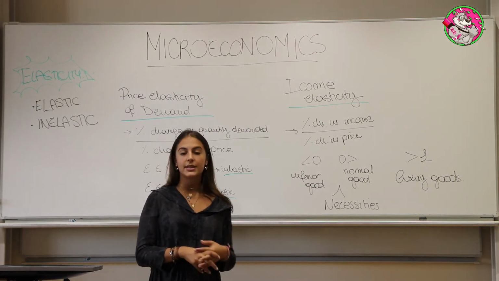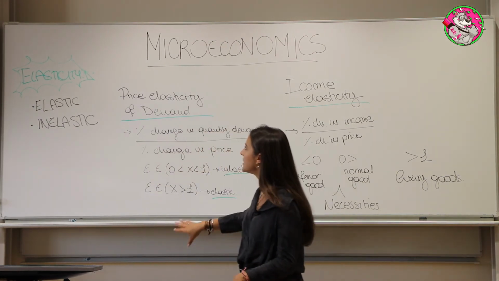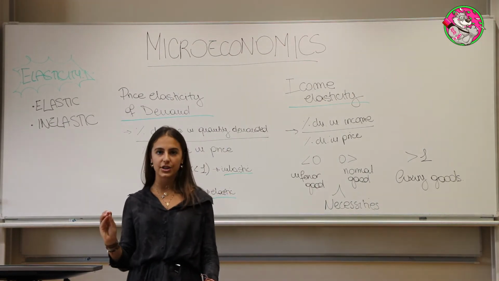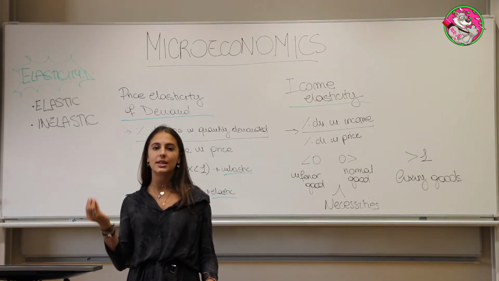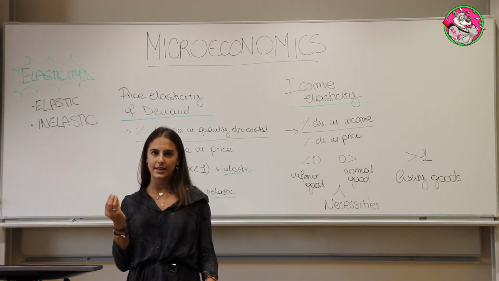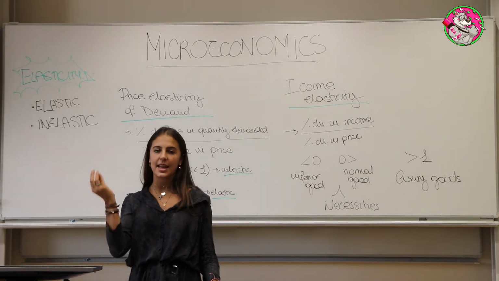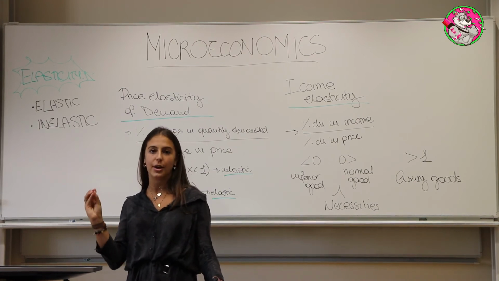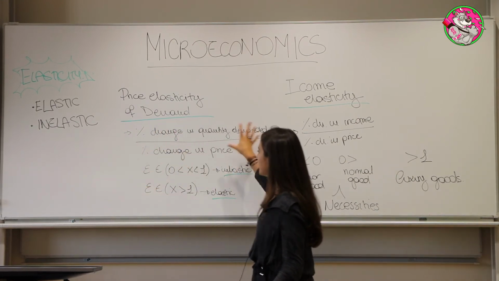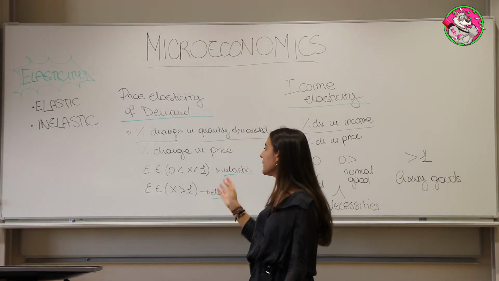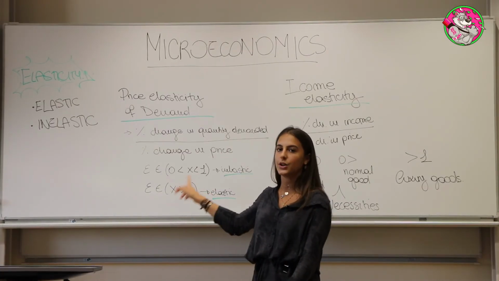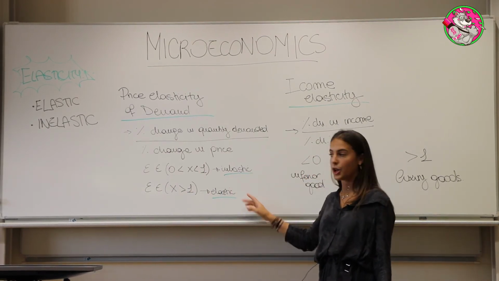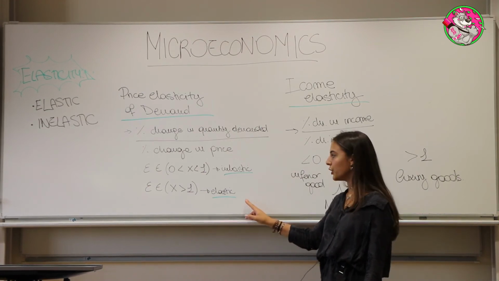There's an equation that we can call the price elasticity of demand, and this measures the sensitivity of the quantity demanded to price. So it is the percentage change in quantity demanded over the percentage change in price. This equation is going to give you a number, and if this number is between 0 and 1, then the good will be inelastic, while if the number is more than 1, the good will be elastic.